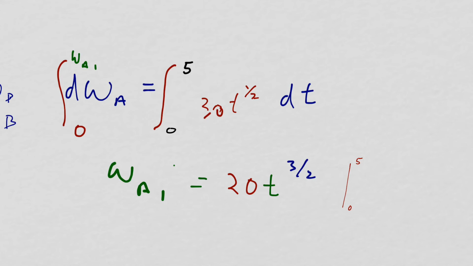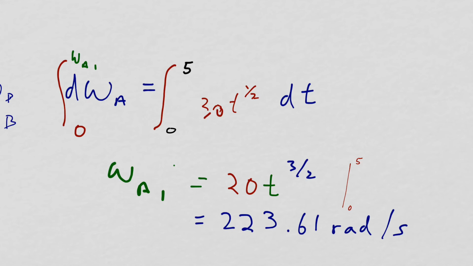And on my right hand side, if I do a simple calculation by putting 5 minus the function of the 0, then I will get the value of 223.61 radians per second.